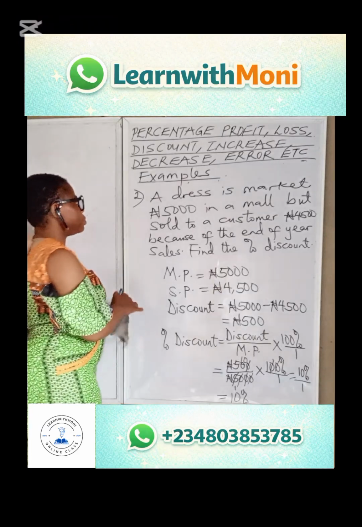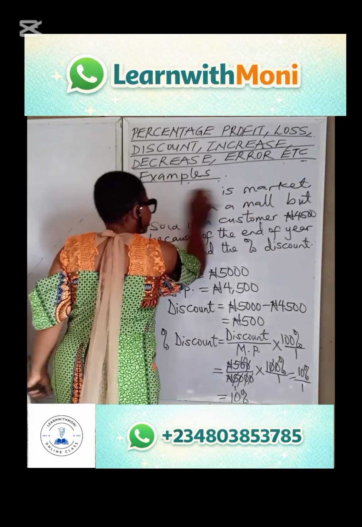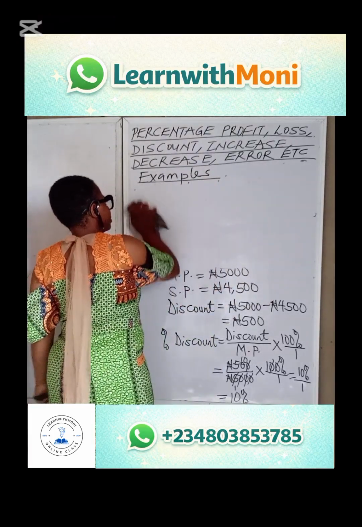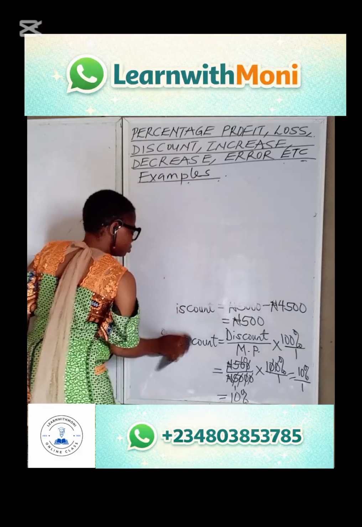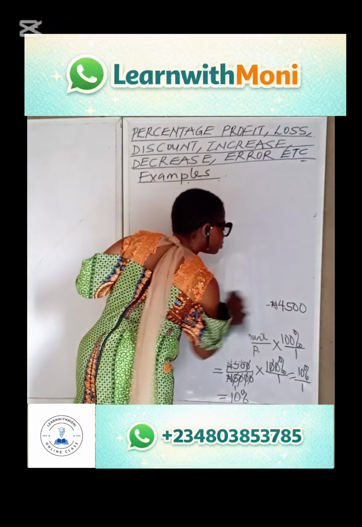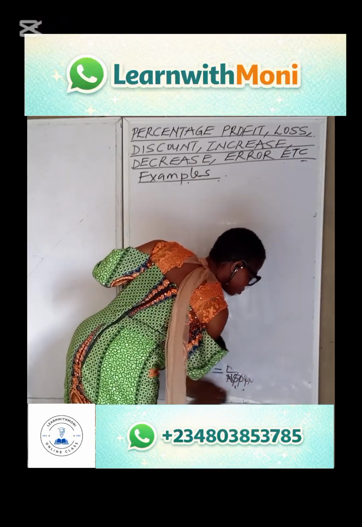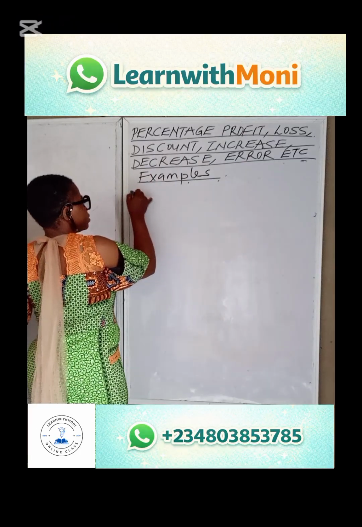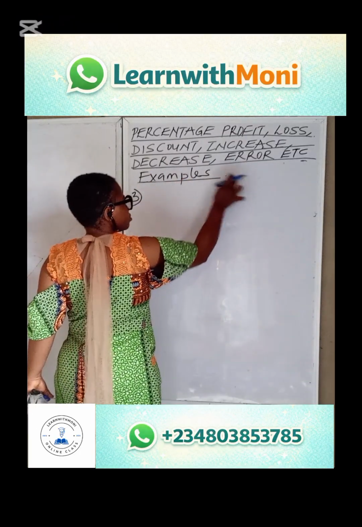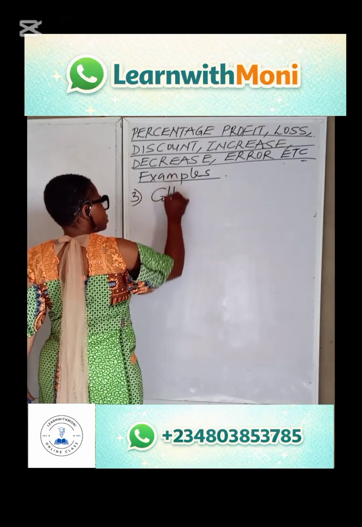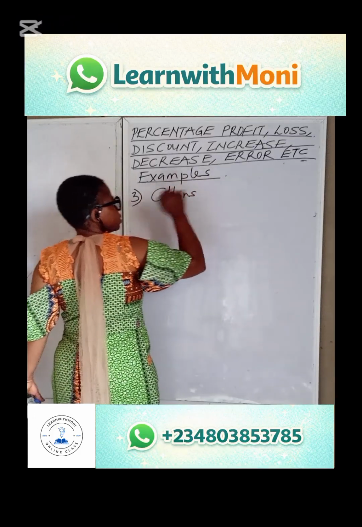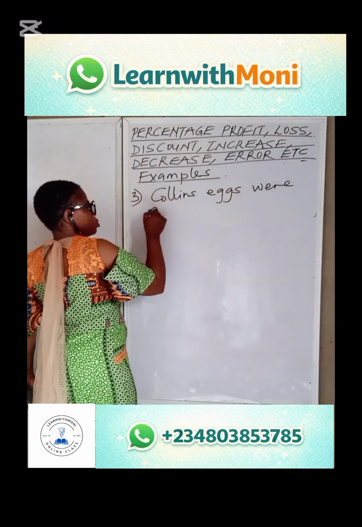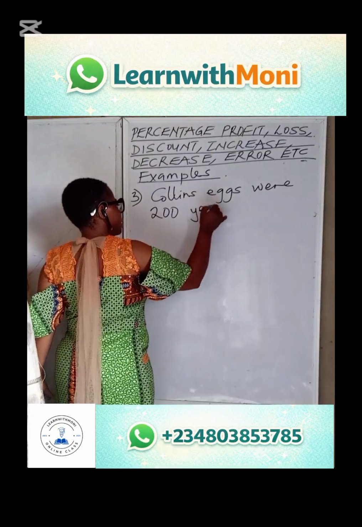Let's see another example. Let's see a situation where Collins' eggs were 200 yesterday.